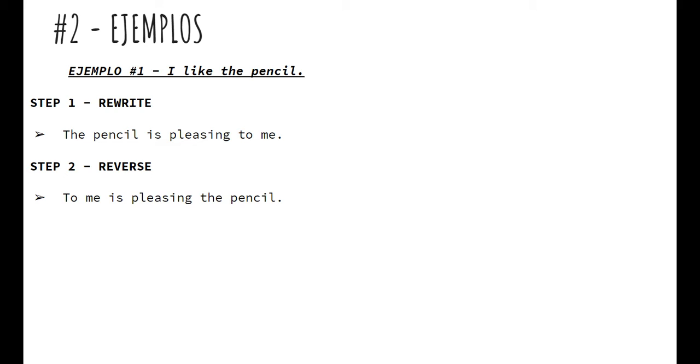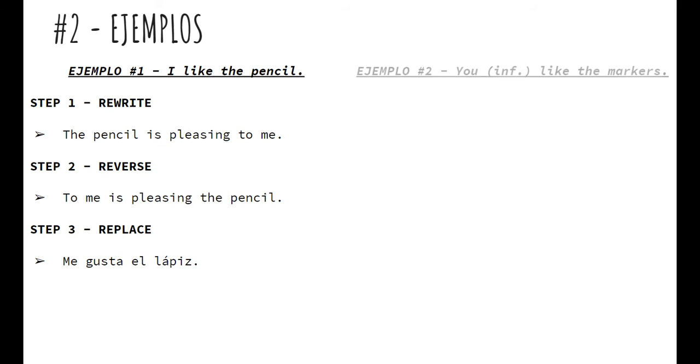To me is pleasing the pencil. And then step 3 will be replace. We're going to replace the English with the Spanish. So we have me gusta el lápiz. The me will be the to me. Gusta would be gusta, not gustan, because our subject is singular, and then the pencil would be el lápiz.